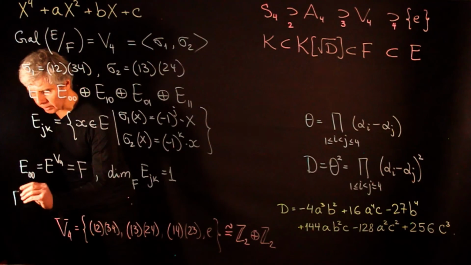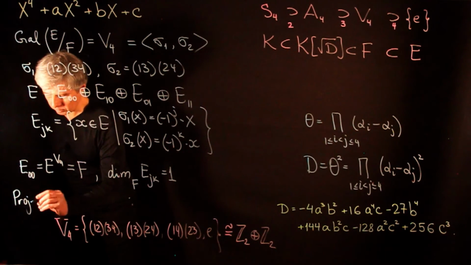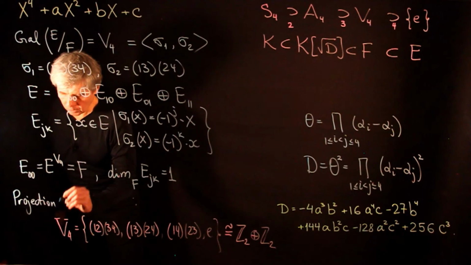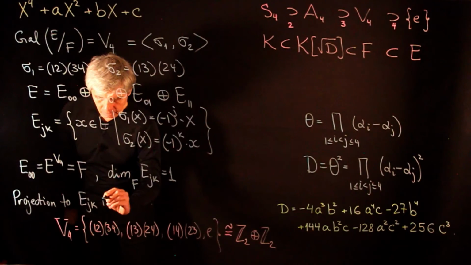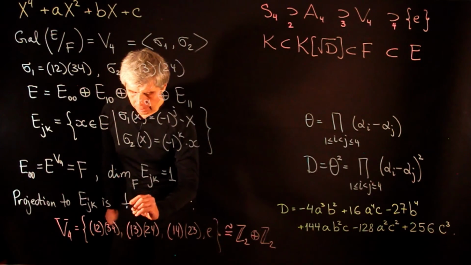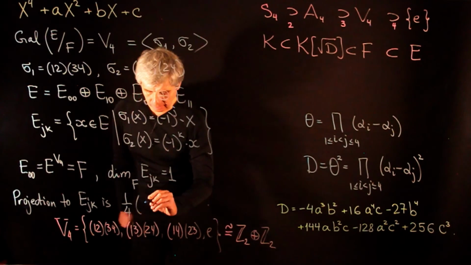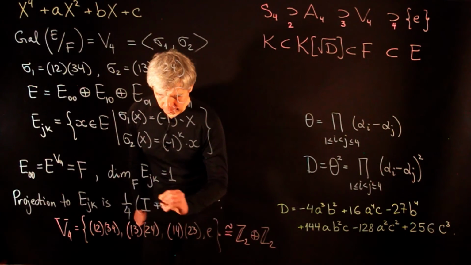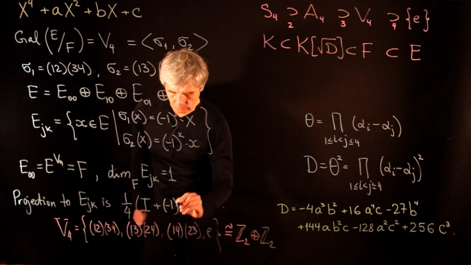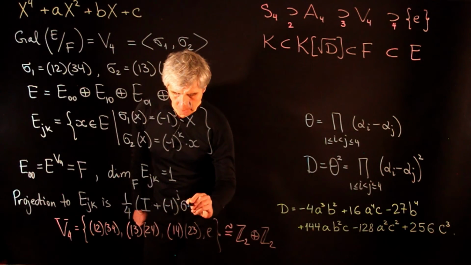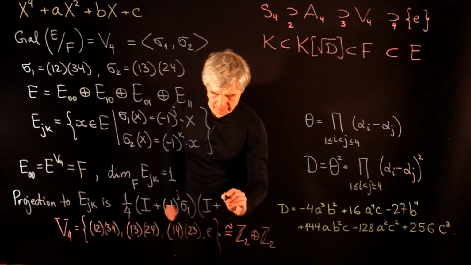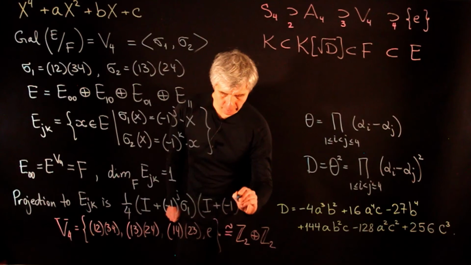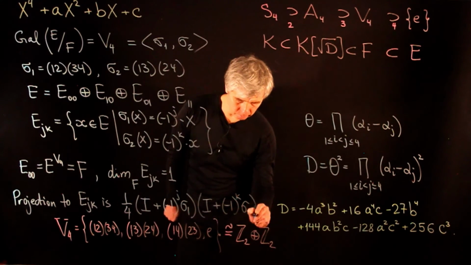The operator of projection to the component EJK is 1/4 times identity plus minus 1 to the power of j sigma 1 times identity plus minus 1 to the power of k sigma 2.